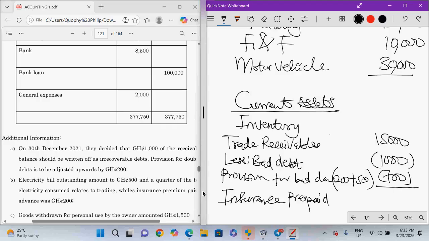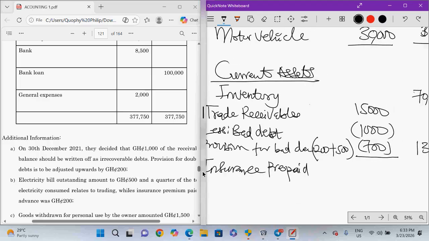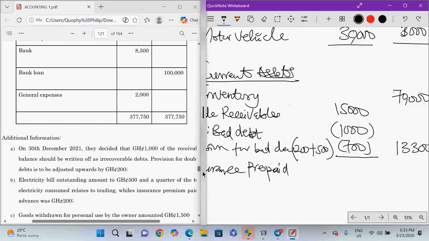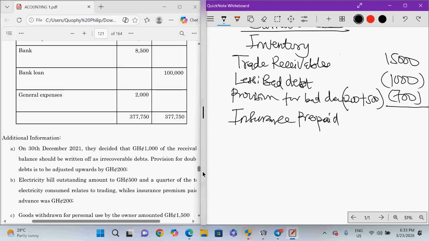Here we bring the insurance prepaid figure as it is in the additional information. How much is it? Insurance prepaid, 200. What else? Any accrued income? There is no accrued income.